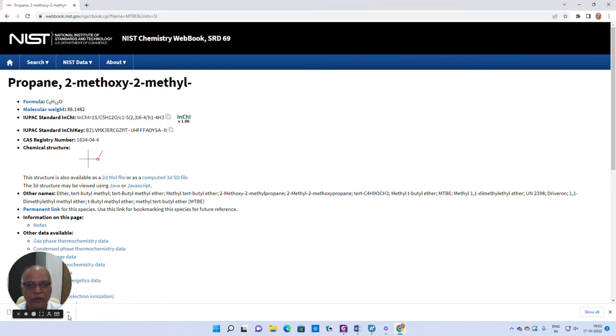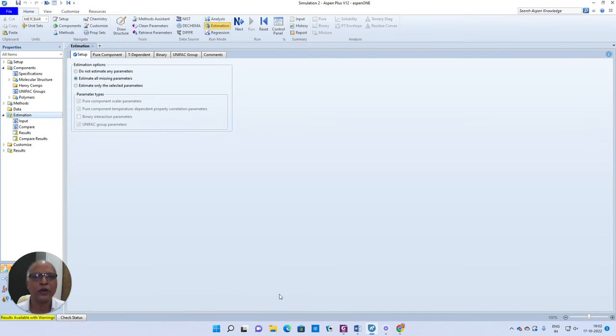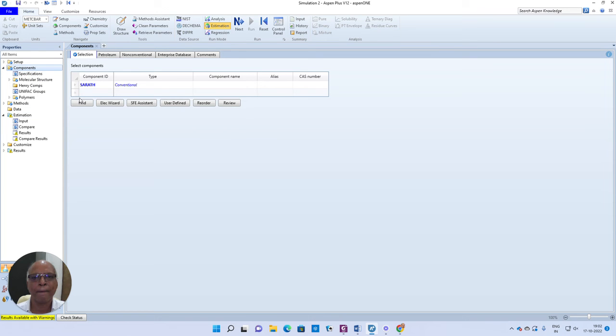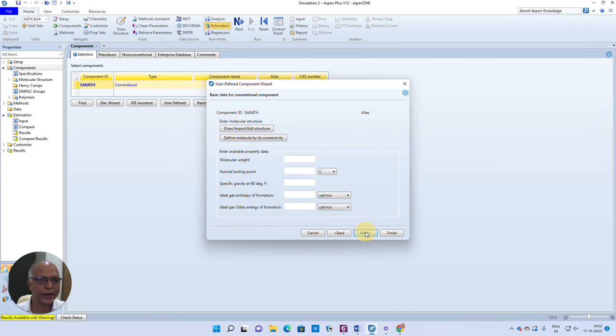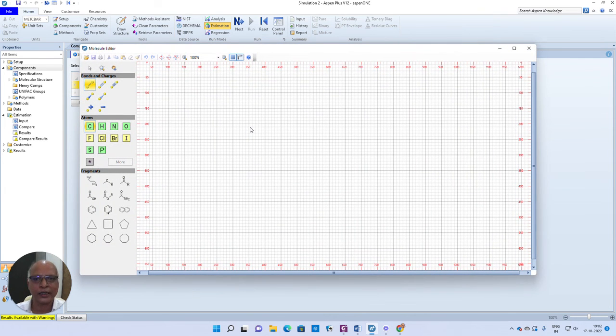Once you have such information, once again, I'll be able to make use of this in ASPEN to estimate the properties. I'll go back to the components, conventional, user defined, next. Now I'm selecting, instead of defining the molecule by its connectivity, draw or import edit structure. In fact, ASPEN also provides some kind of a user interface to draw the molecular structure.